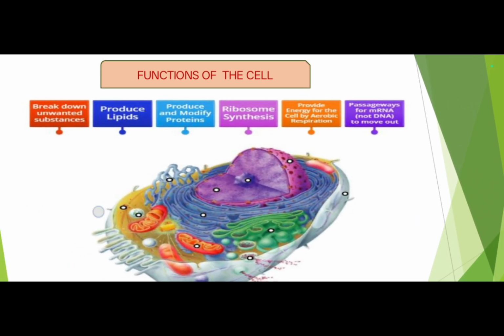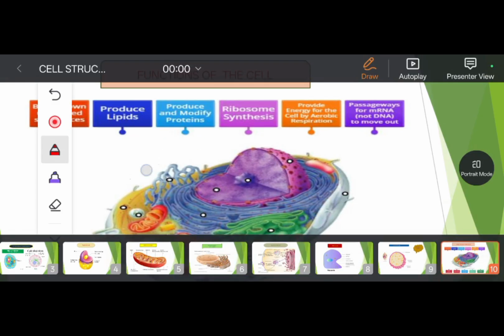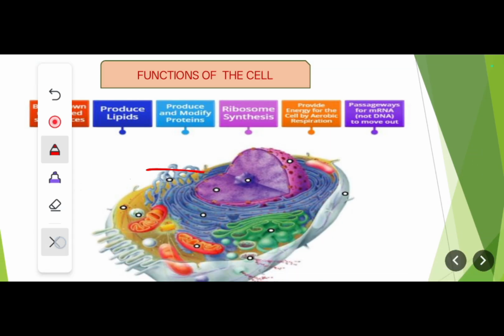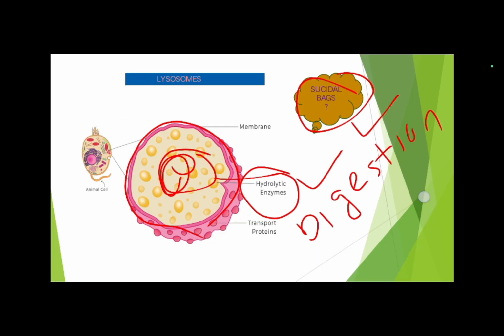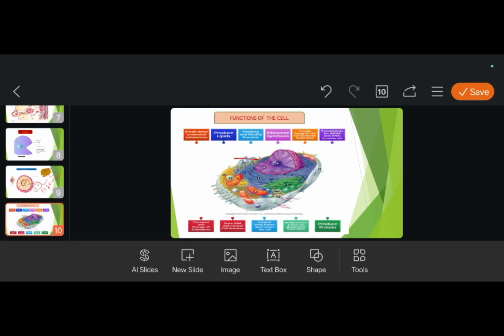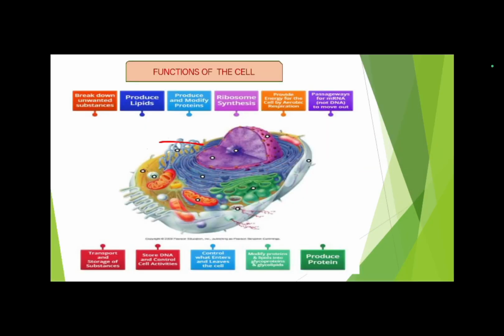So the major functions of the cell, number one is breakdown of unwanted substance. I already told you breakdown of unwanted substance is done by the lysosomes. So what are the functions of the cell?